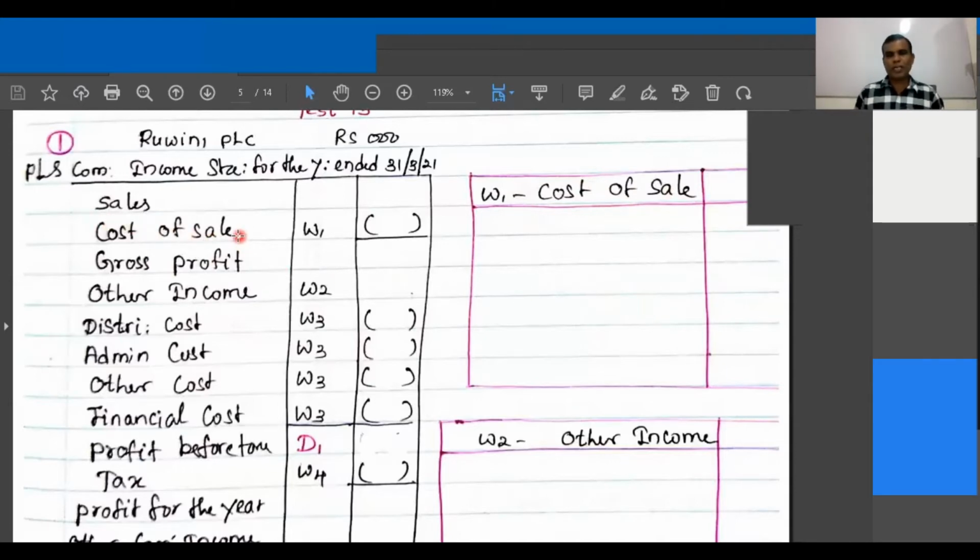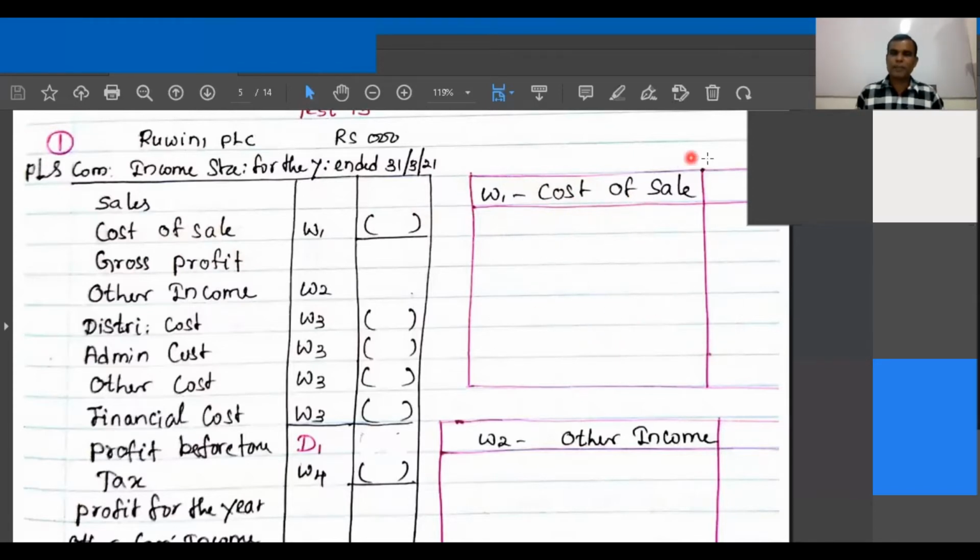Normally in a sole trader or partnership, when we calculate the cost of sale, opening stock, purchases and all these items are there. But these are the face values. Here we take only the total of the cost of sale.